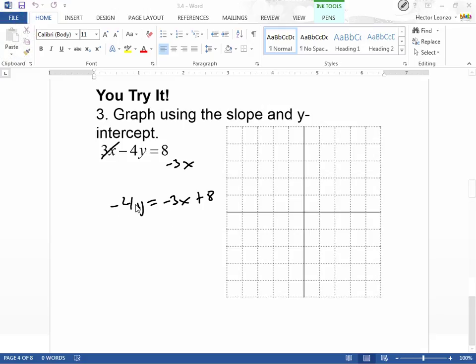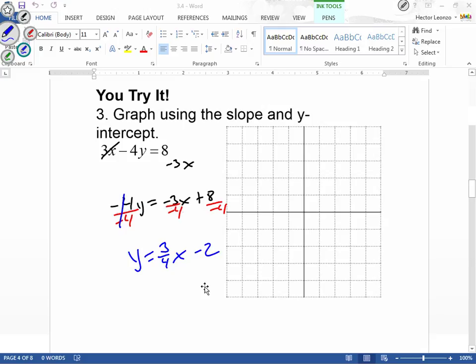Once again, I want the y by itself. So let me divide everything by negative 4. So that becomes positive 1y equals negative divided by negative, that is 3 over 4 x. 8 divided by negative 4, that means negative 2.